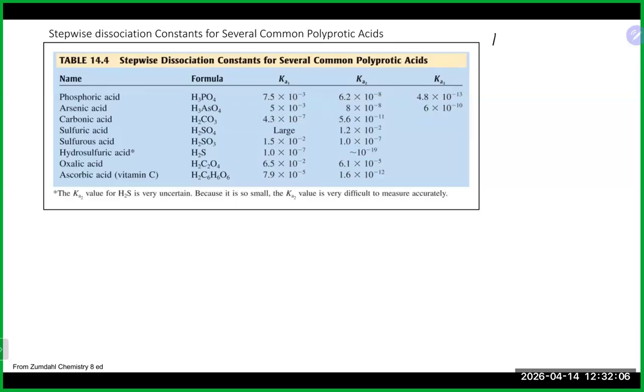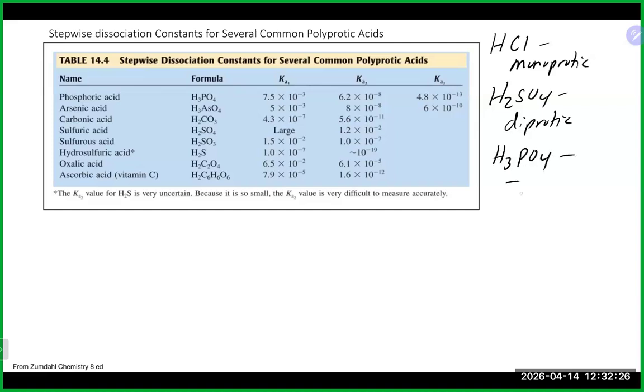Obviously, something like HCl is a monoprotic acid. It has one hydrogen that will come off. Something like sulfuric acid is a diprotic acid. It has two hydrogens that will come off. And something like phosphoric acid is a triprotic acid. It has three hydrogens that will come off.